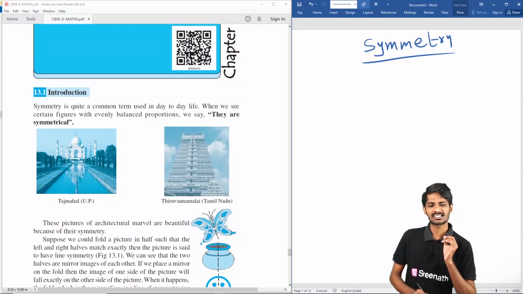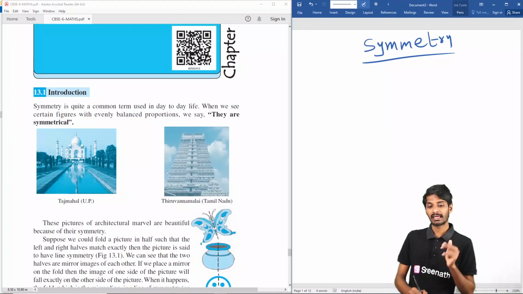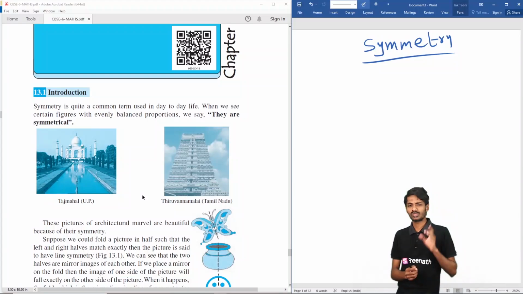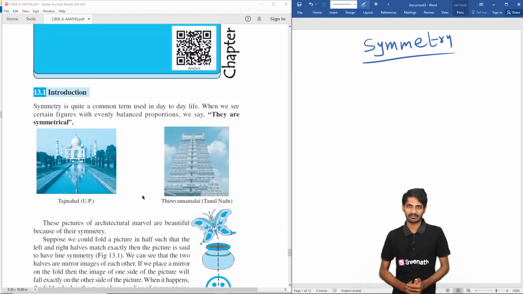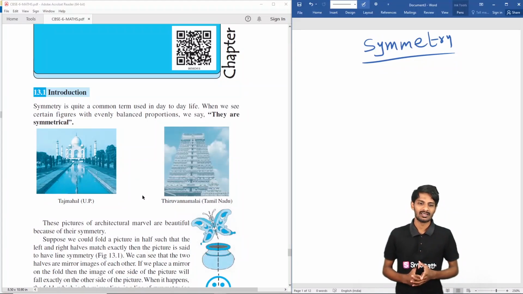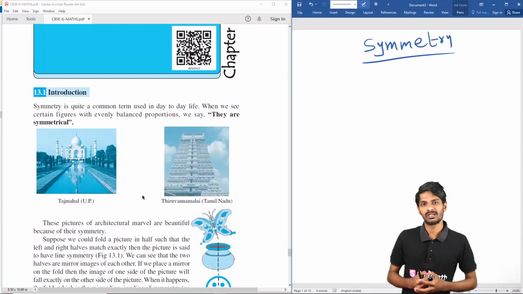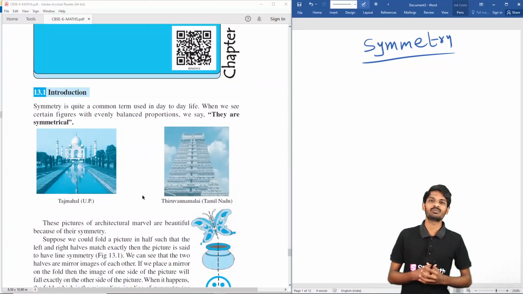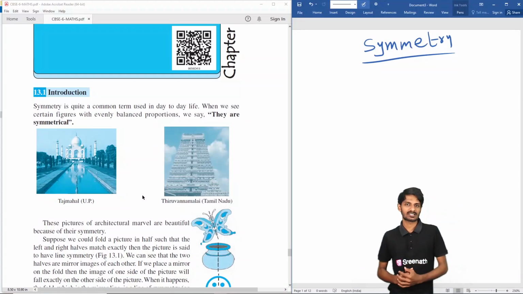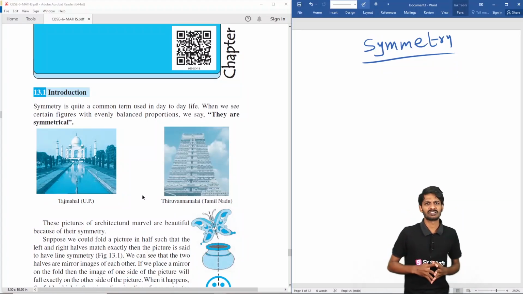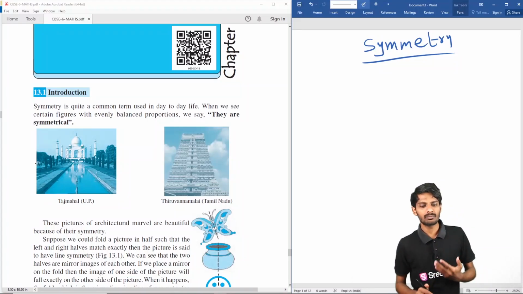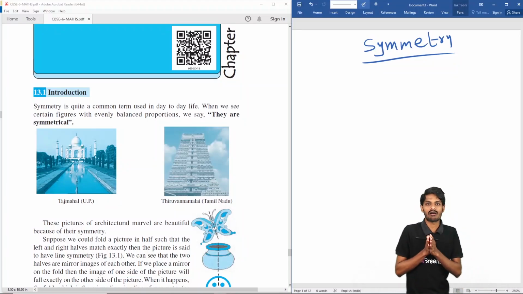This is the Taj Mahal, and this is a temple in Tamil Nadu. Look at both pictures. What is the beauty of the two pictures? Both pictures have symmetry, especially line symmetry. Now take the picture of the Taj Mahal and try to fold it in half and open it.